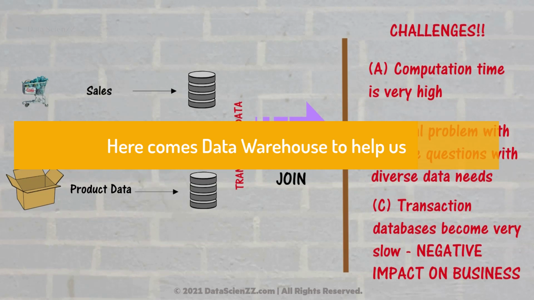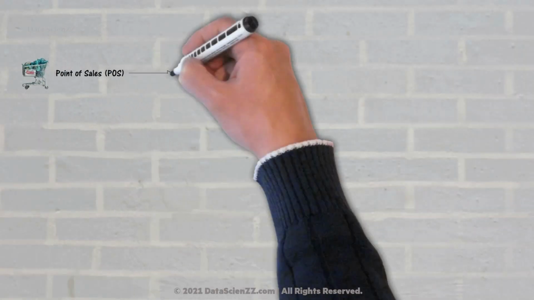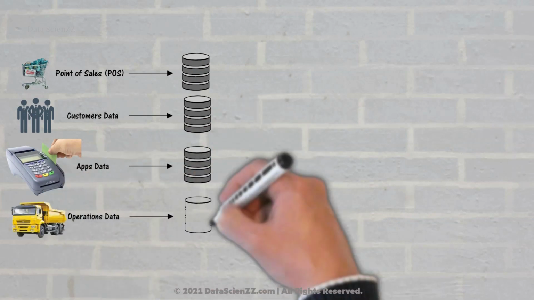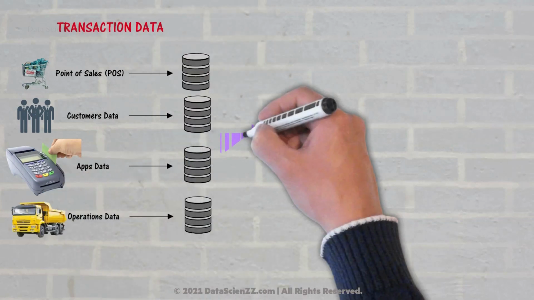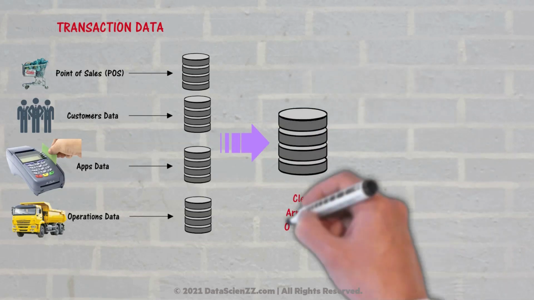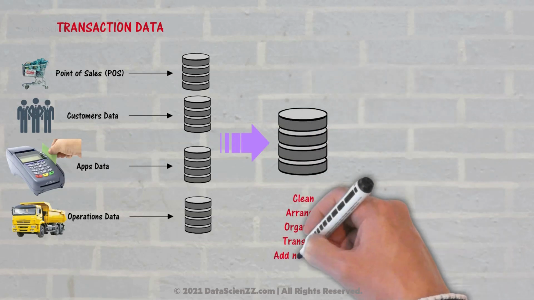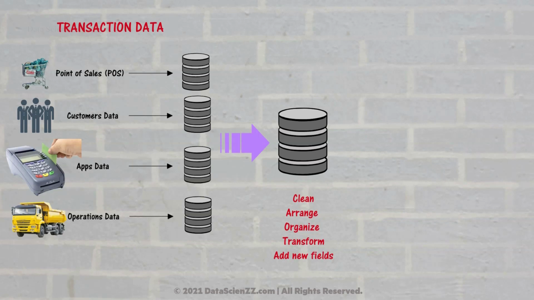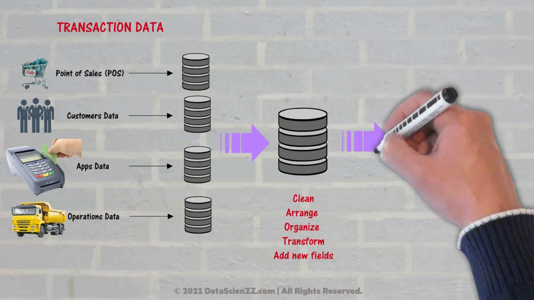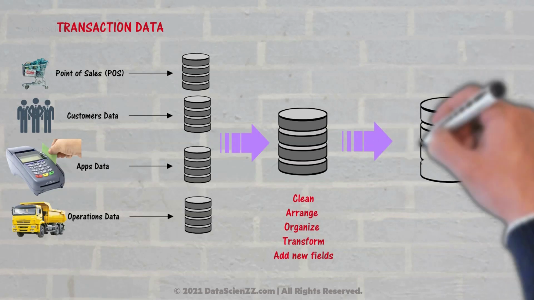Here comes the concept of a data warehouse. So, how does it work? In simple terms, first you extract transaction data from all systems. Then, store it temporarily somewhere, where you clean, arrange, organize, and add other calculated fields, as per your requirement. Then, load it into another database, known as a data warehouse.